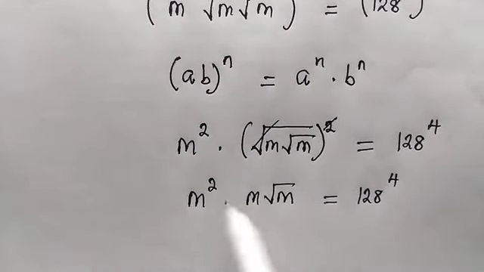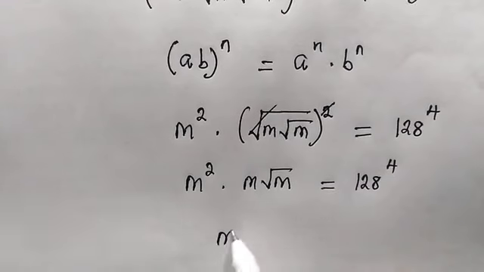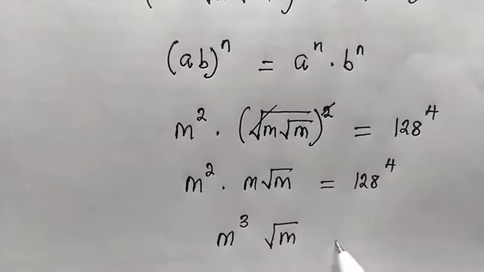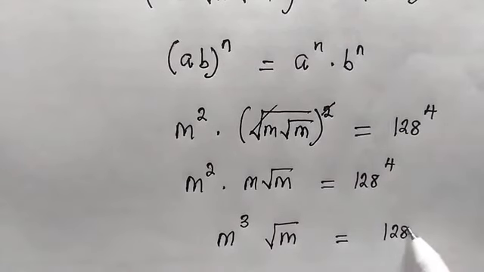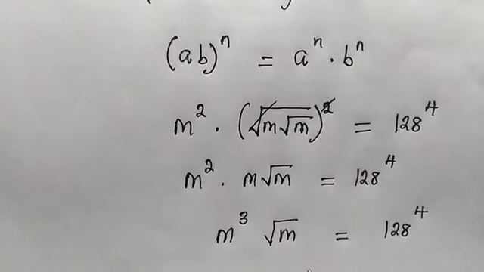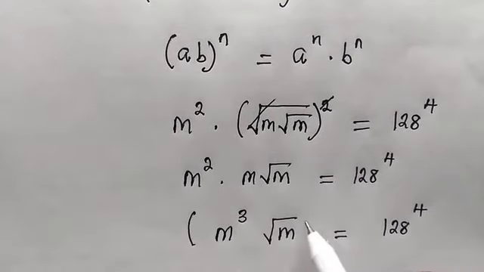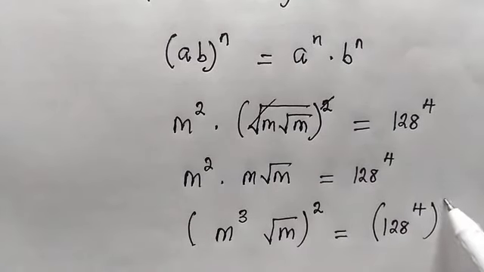Now here, m squared times m will give us m cubed, right? So m cubed times the square root of m is equal to 128 to the power of 4. Now let's square both sides one last time.